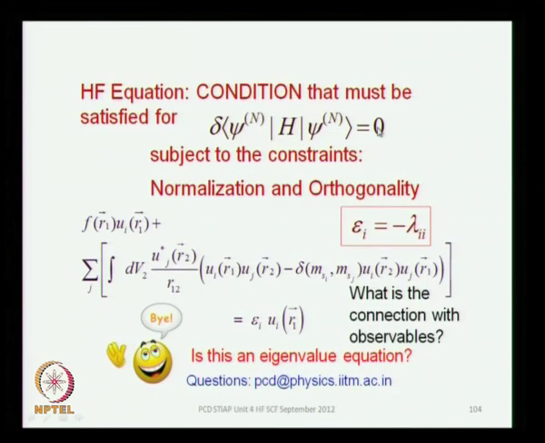That condition is represented by the Hartree-Fock equation. So, Hartree-Fock equation is essentially a condition, it must be fulfilled. It is a necessary and sufficient condition. Condition for what? That the variation in this expectation value of the Hamiltonian is 0, subject to the constraints of normalization and orthogonality within the frozen orbital approximation.